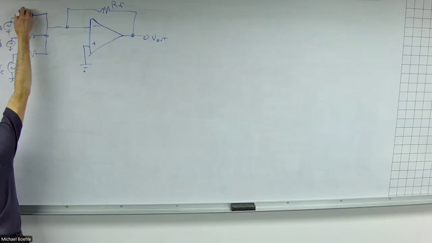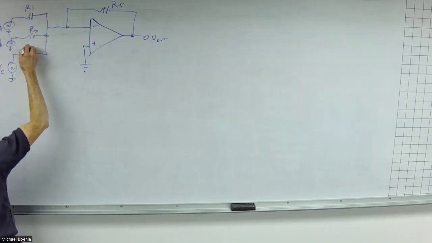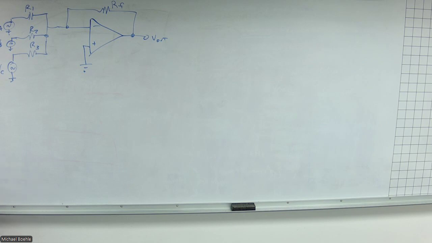And we'll go ahead and call this R1, R2, R3. Those of you that had 214 should recognize this. You remember what I call this? No? Let's see what happens.